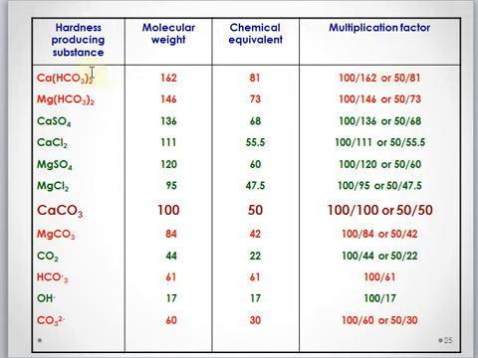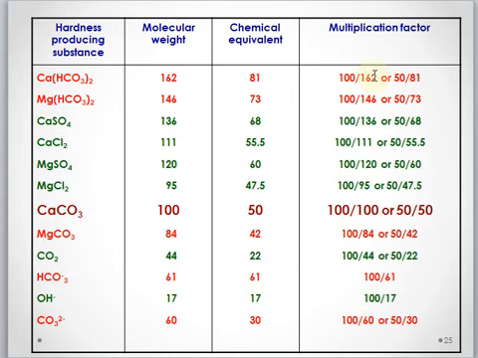But in most cases where divalent salts are used, you can conveniently use the molecular weight itself. Okay. So, the multiplication factor becomes 100 by 162 for calcium bicarbonate. 100 is the molecular weight of calcium carbonate and 162 is the molecular weight of calcium bicarbonate.